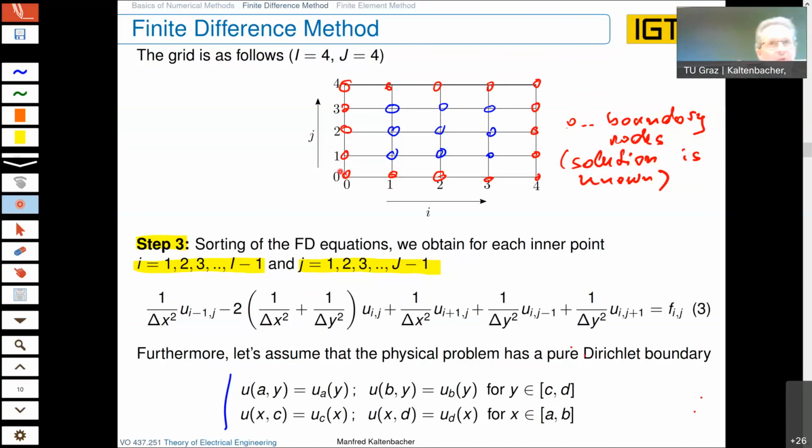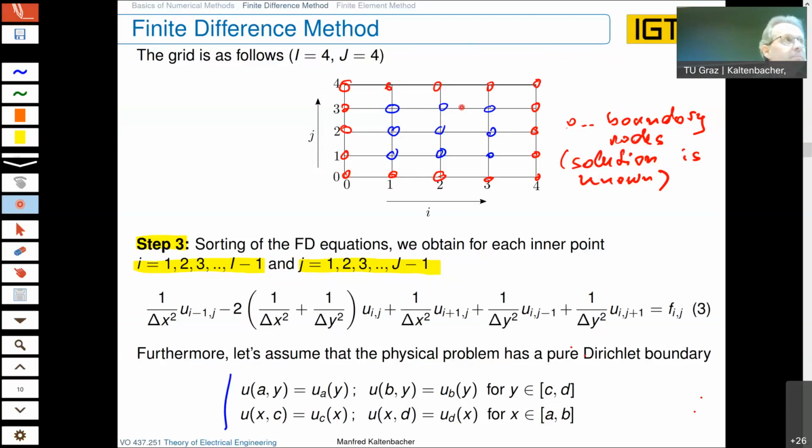So we have seen we have a simple approximation. We directly approximate the Laplace operator, get this general equation, and the real work is just rearranging each equation for each of the nodes here, the blue ones, because these are the unknowns, some of which have boundary nodes.